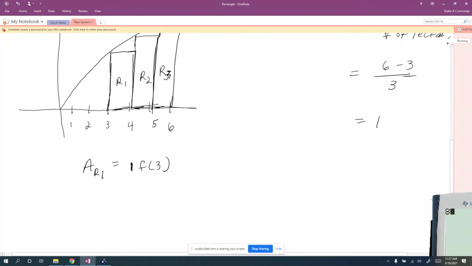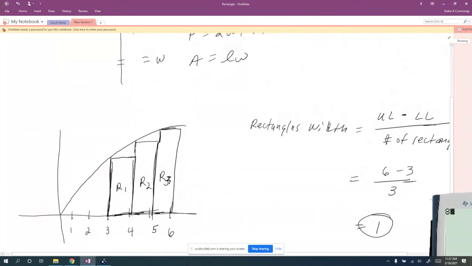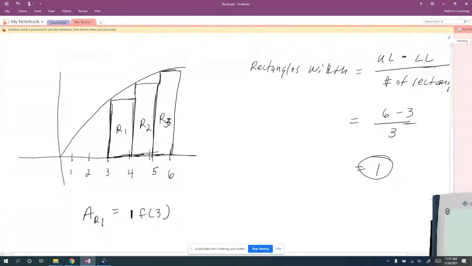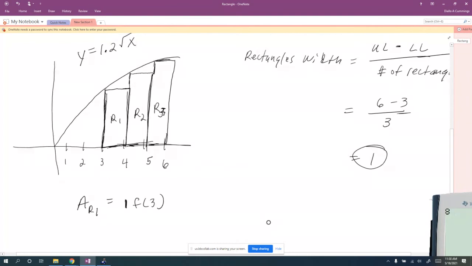I have my length here, which is 1, and we found 1 earlier, times the height. Since we're taking the left endpoint, we can find the height by taking 3 and substituting that into our function, which we'll do in a second.